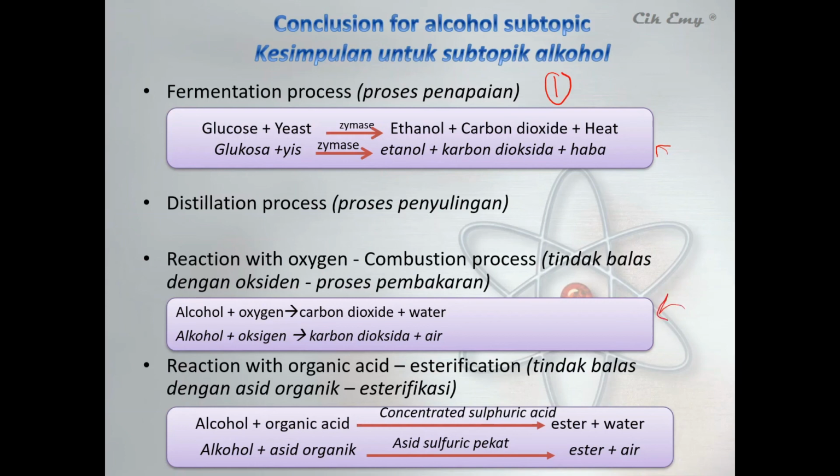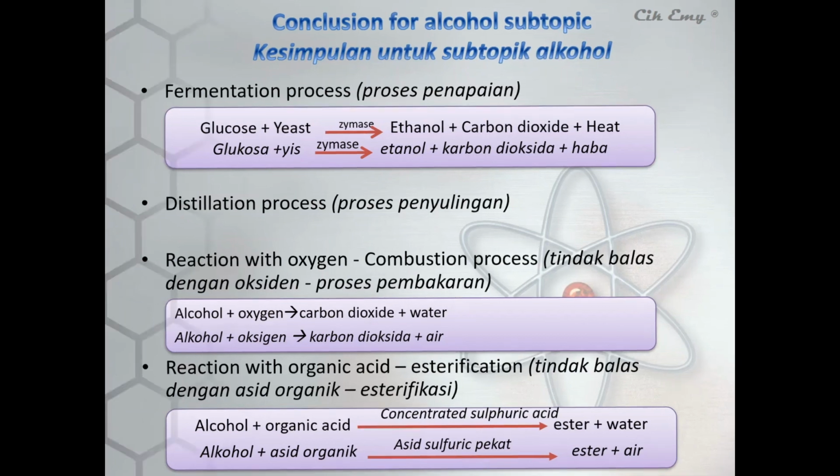This is the equation there. Then what happen if alcohol is reacted with organic acid, which is esterification process, and this one is the word equation, the general one. And the other one you have to memorize yang what if we mix ethanol and ethanoic acid.